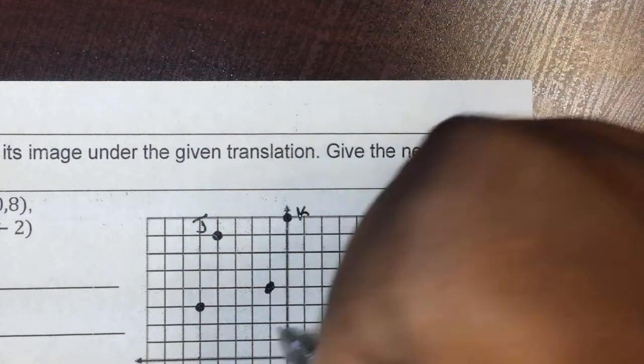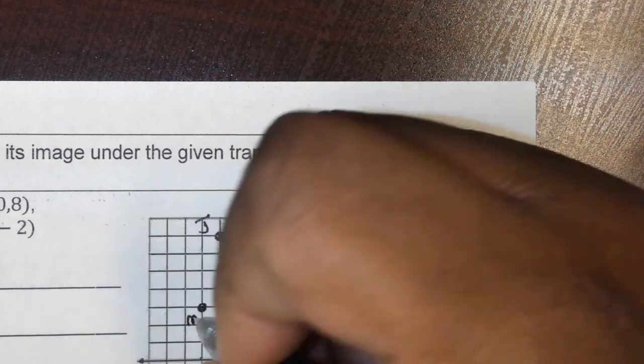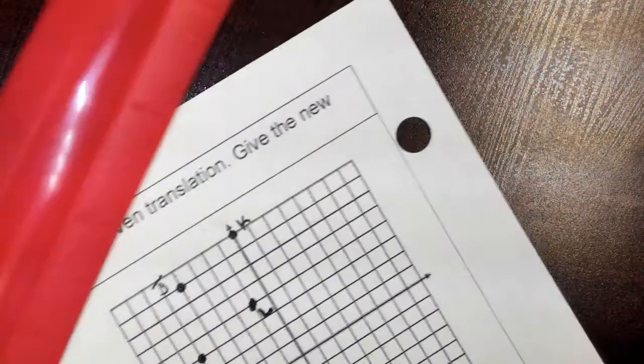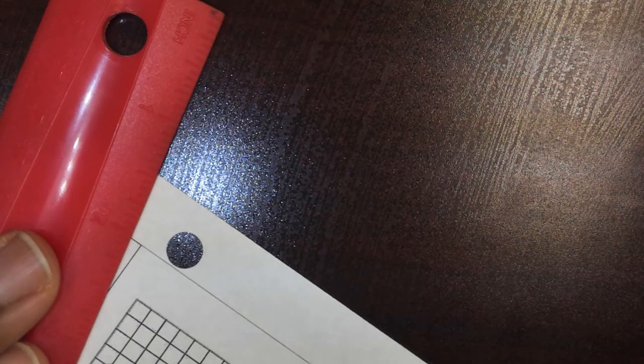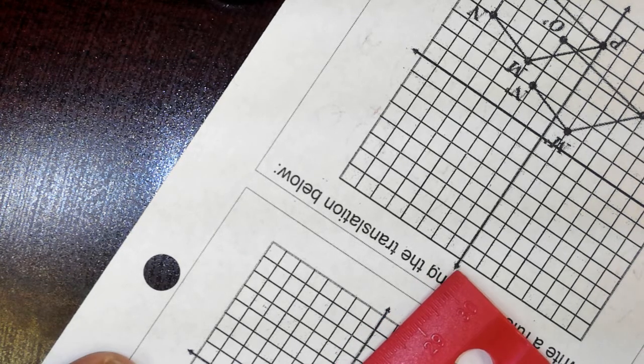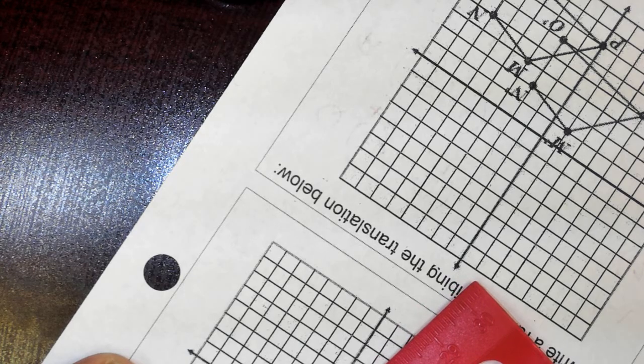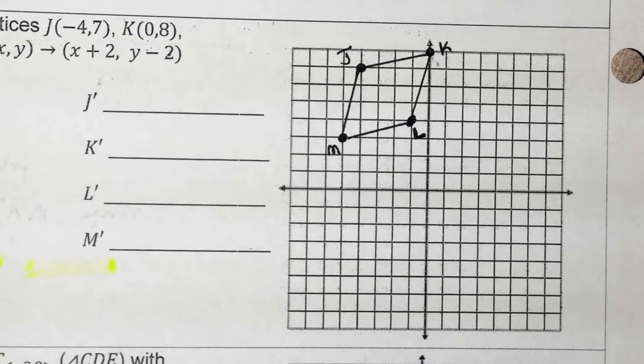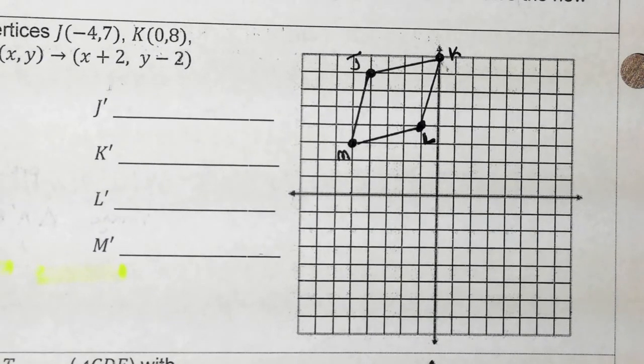So I have J, K, L, M. So this is my rhombus, JKLM.